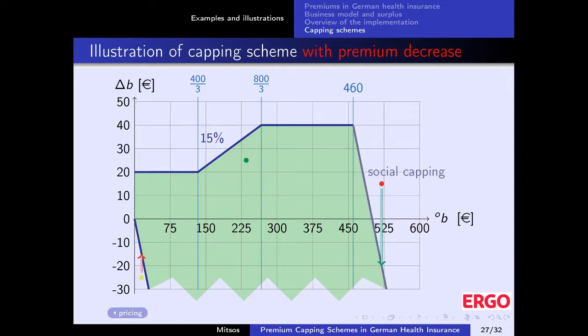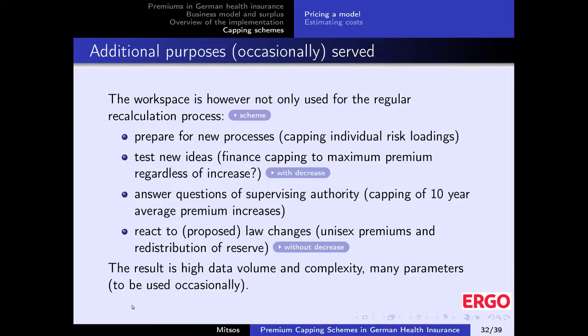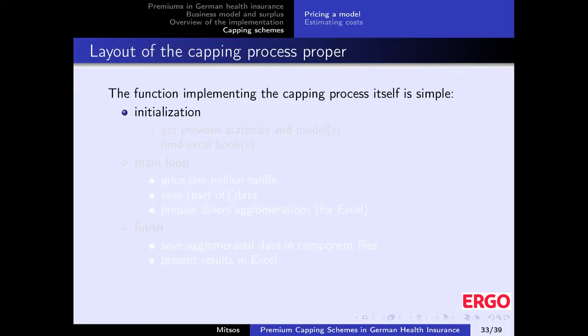This would mean that this person would have to get a discount that would lead to a negative increase, so you would come to 460 euros at another cost. And other specialities. This results, of course, in a very complex function and many parameters that are almost not used, but they must be there.